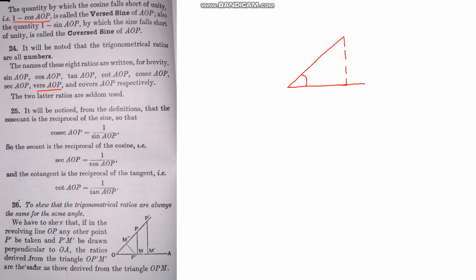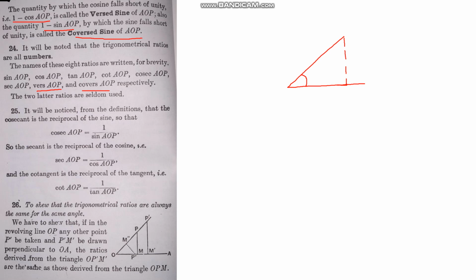And 1 minus sine AOP is called coversed sine of AOP. These are the two new trigonometric ratios which are not there in several places.